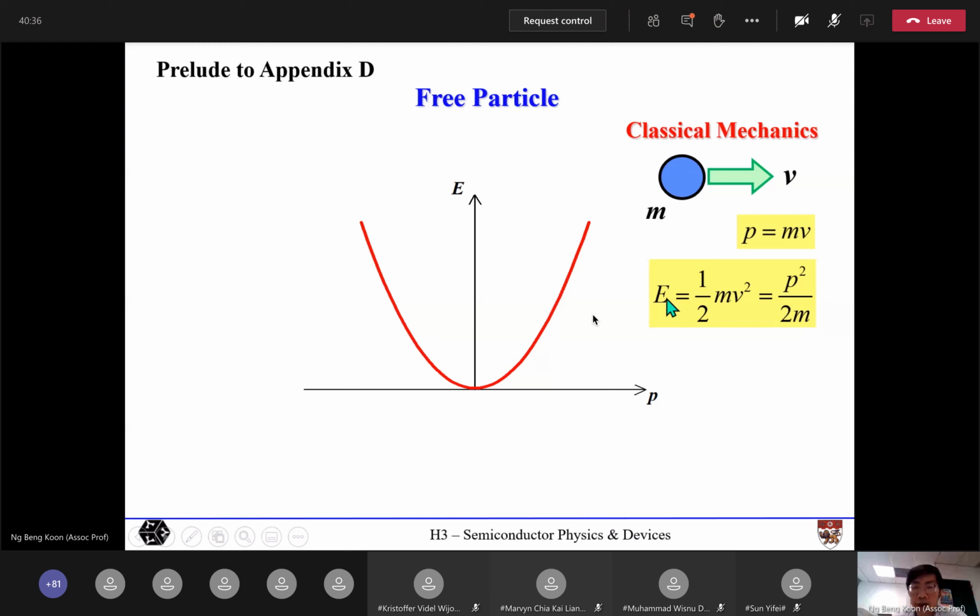So in other words, there's actually a parabolic relation between the kinetic energy of this classical particle versus the momentum. It's a quadratic relation. So if you draw a curve of energy against momentum, you actually get this parabola. Make sense? That's a quadratic equation. So there's a parabolic relation between the kinetic energy and the momentum of the classical particle.